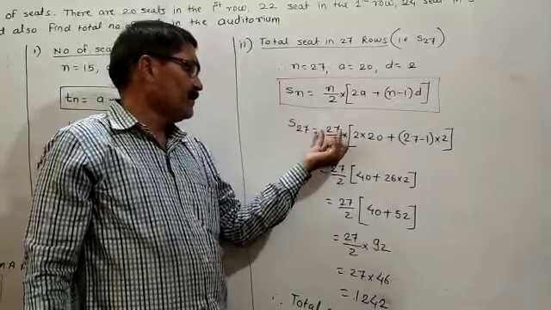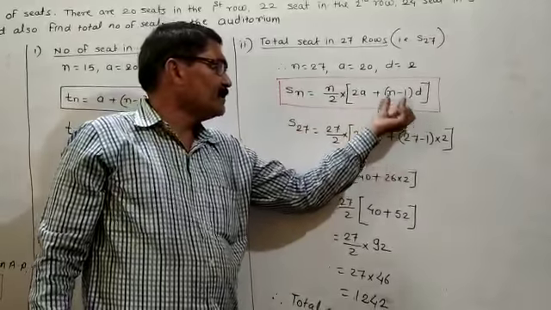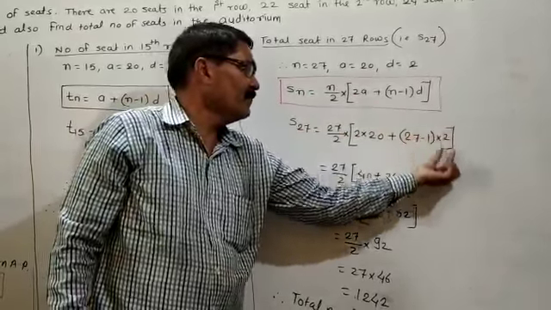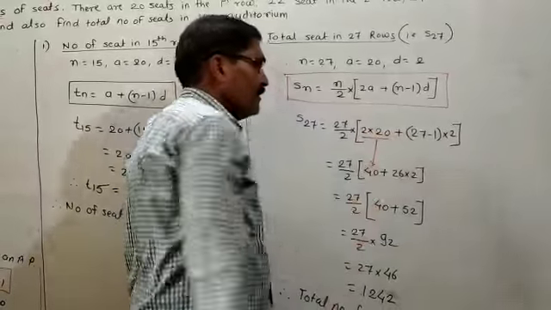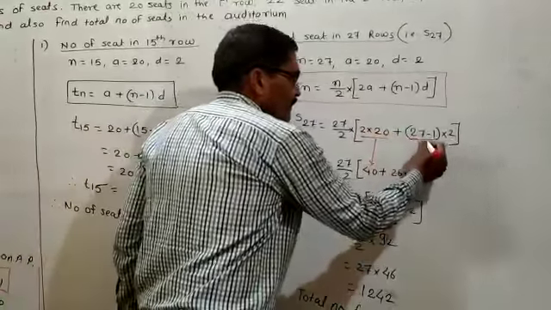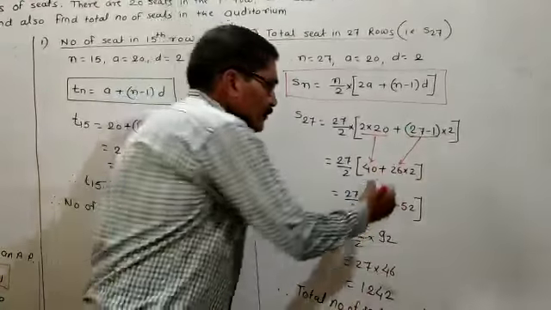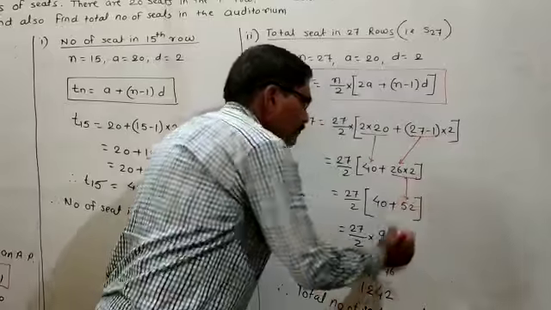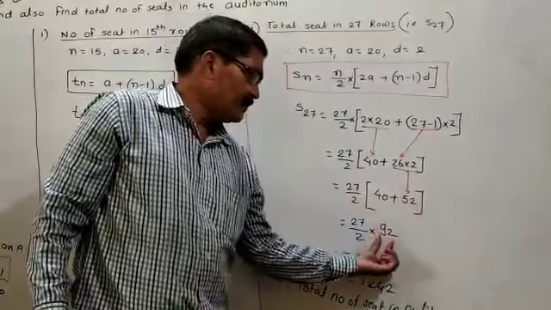Then S27 is equal to 27 upon 2 into 2 multiplied by A value 20, plus 27 minus 1 into D value 2. Now do the product. 2 multiplied by 20 is equal to 40. 27 minus 1 is equal to 26, multiplied by 2, which is 52. Write 40 as it is. 40 plus 52 is equal to 92.